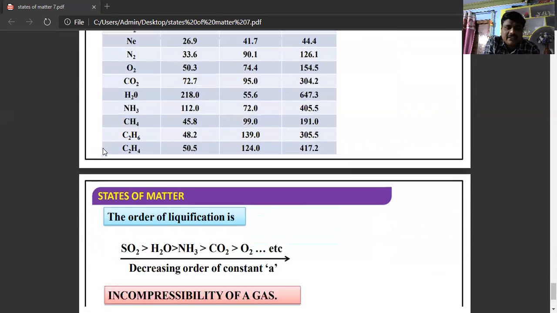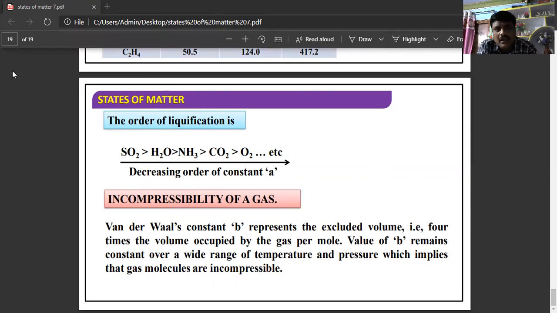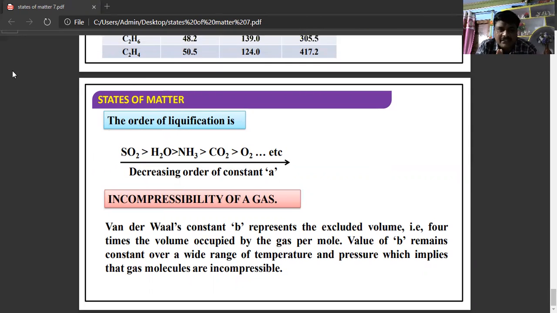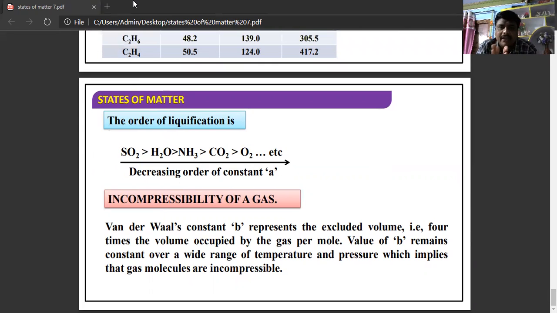Next, the order of liquefaction: SO2 is quickly converted into the liquid state, then ammonia, carbon dioxide and water. Now, the incompressibility of a gas. There are two Van der Waals constants, a and b.